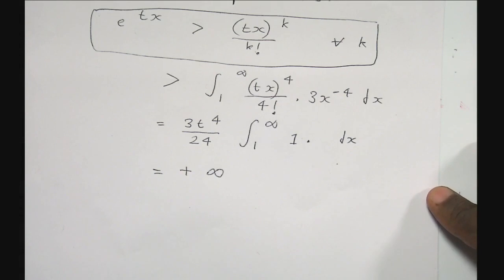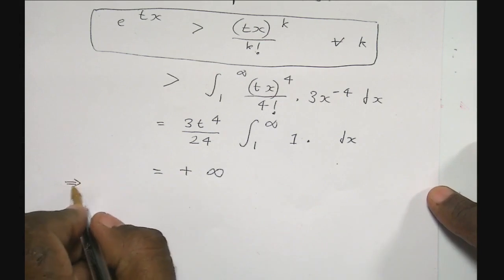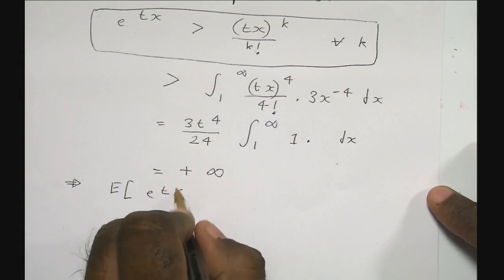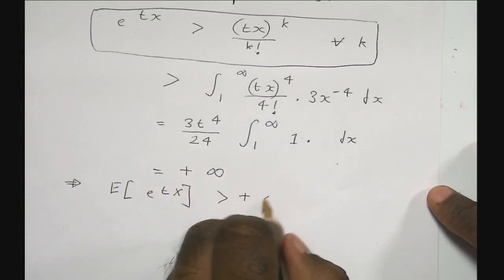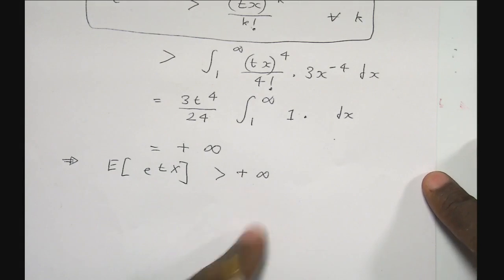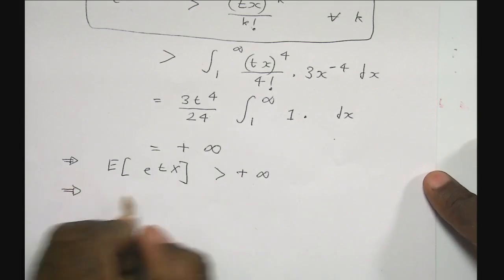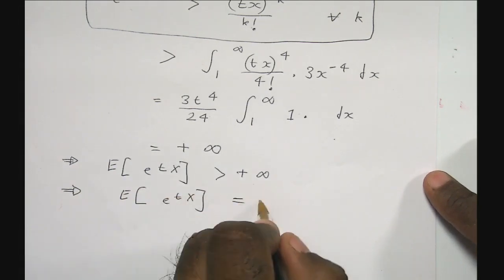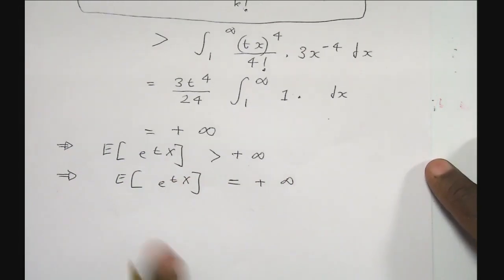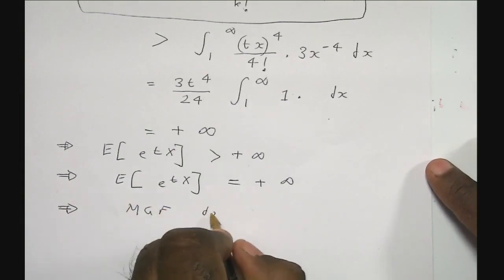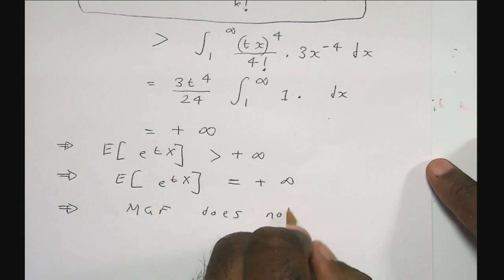So what we have shown is that the MGF is greater than plus infinity, but nothing can be greater than plus infinity. So this implies that the MGF must be equal to plus infinity, and therefore the MGF does not exist.